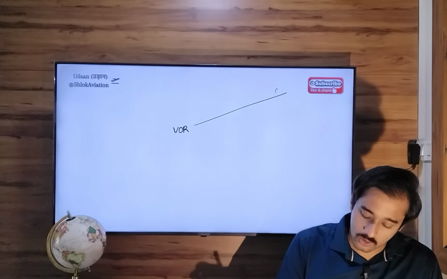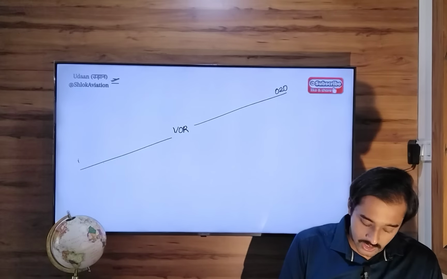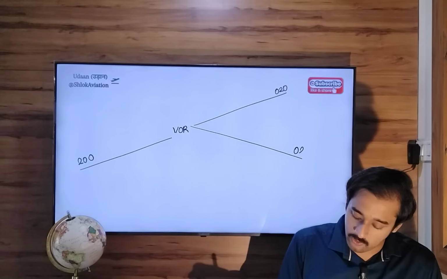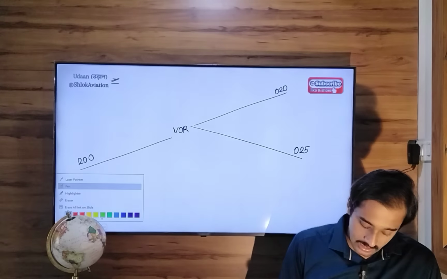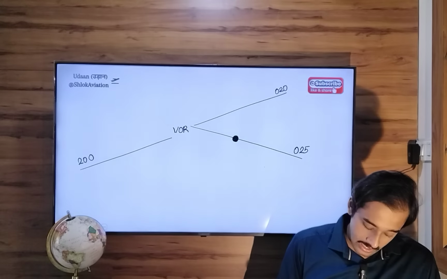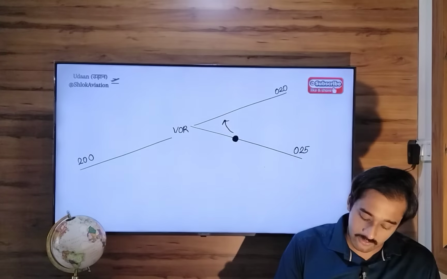So this is 020, this is 200, and here the radial will be more than it, 025, and your aircraft is currently situated here, and therefore it is getting a fly right indication of 5 degrees.